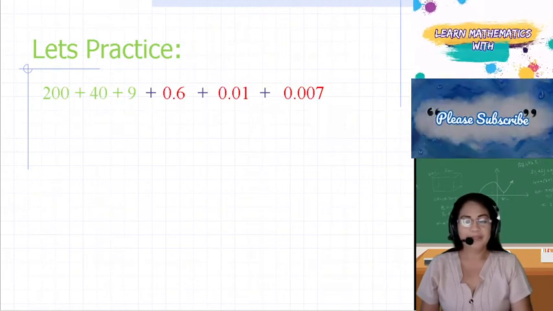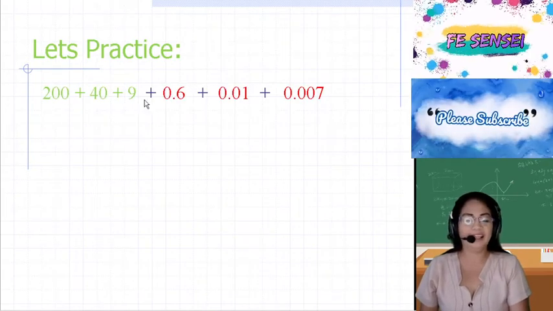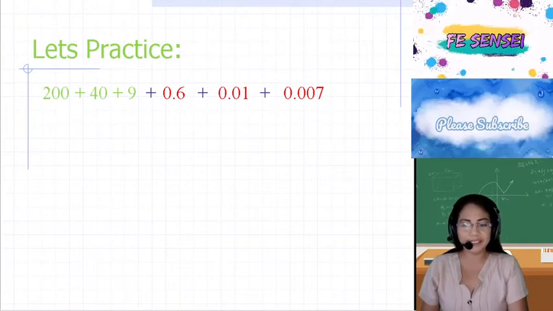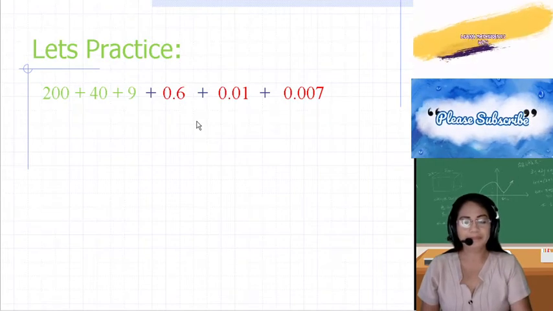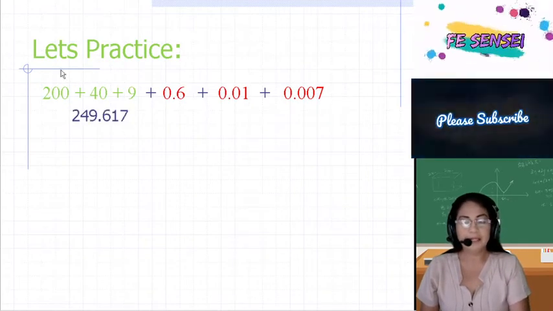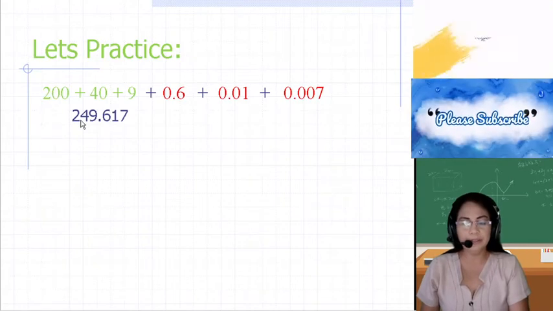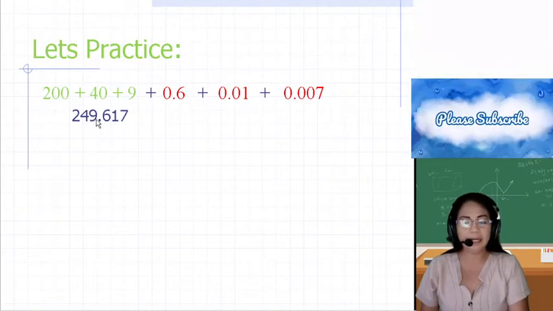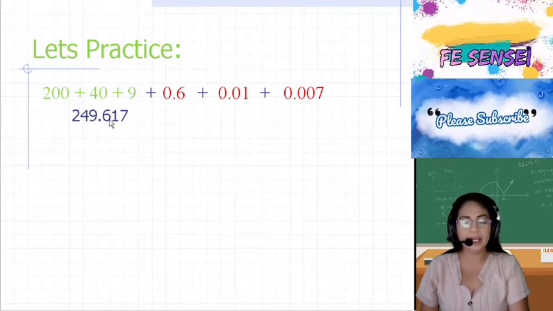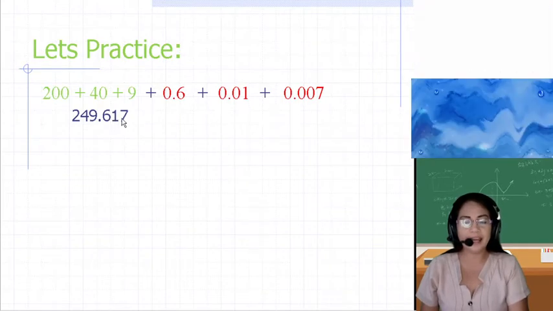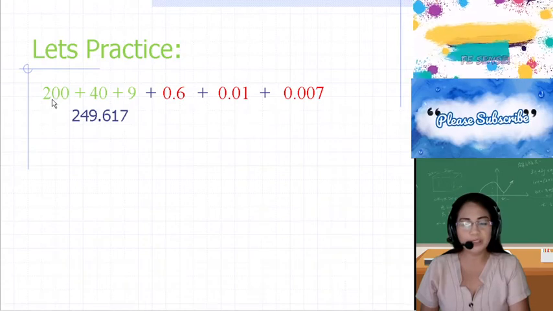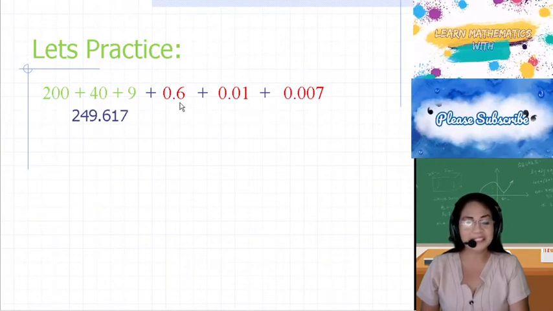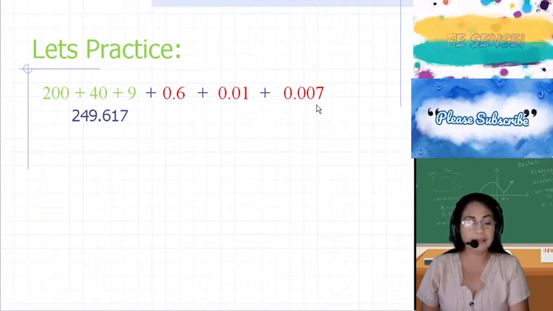Now, if the number is written in expanded form and we're going to write it in standard form, we get 2, then 4, then 9, then the decimal point, 6 tenths, 1 hundredth, and 7 thousandths. So the number is 249.617.